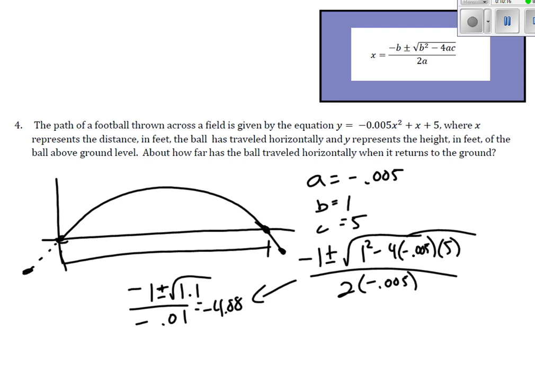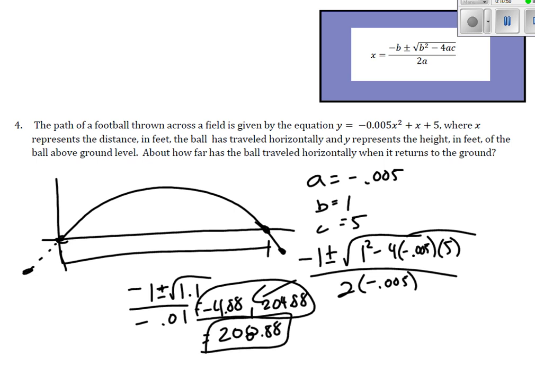So then if I go negative 1 minus the square root of 1.1 divided by that, whoa, so I get about 200 feet when I subtract those. Sorry, 208.88 feet. That is how far that it went.